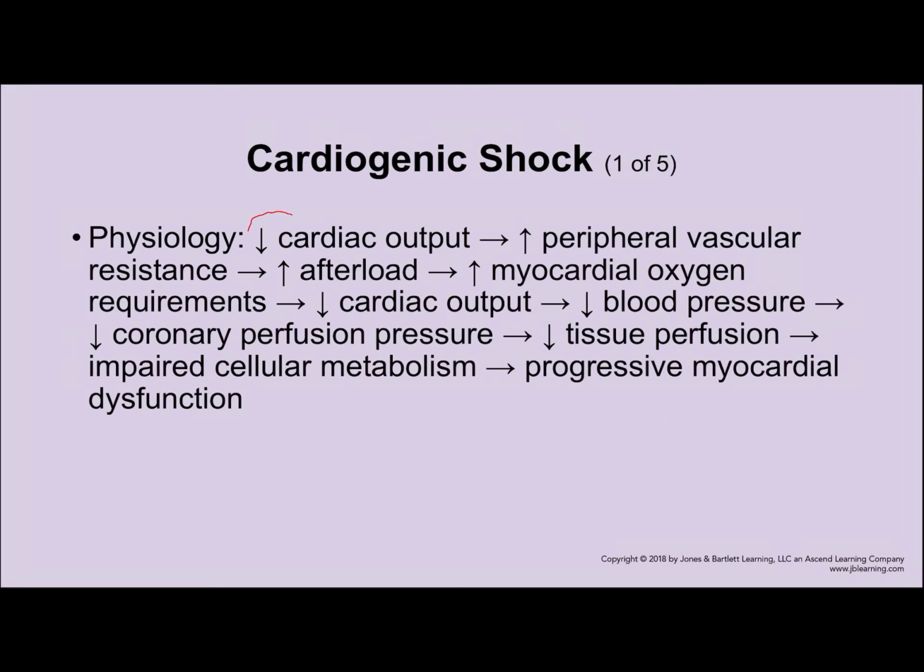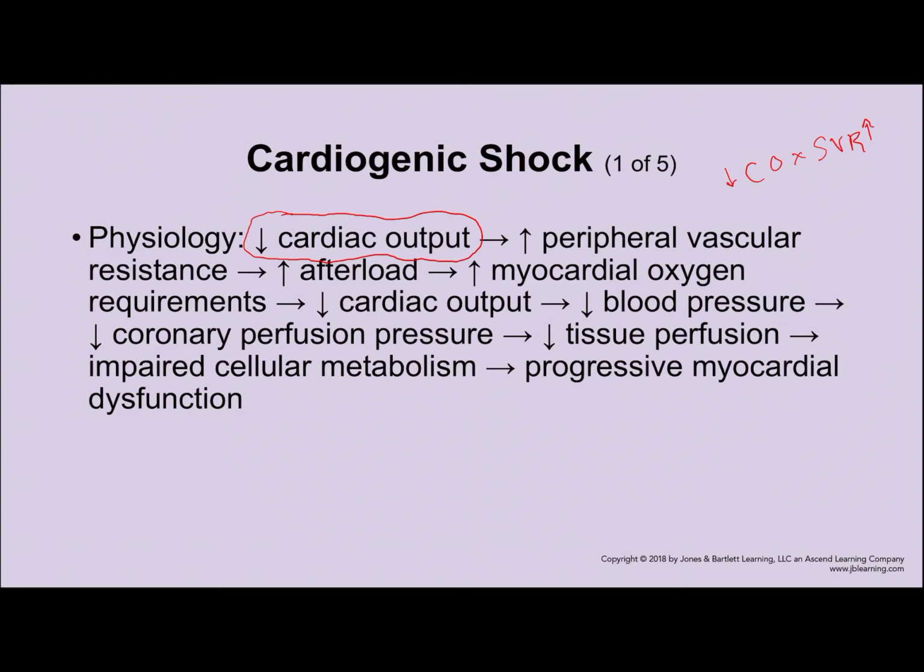So we start here with the physiology of this process. So decreased cardiac output can come from many different reasons we'll discuss in a second. But if you have decreased cardiac output, you will have decreased blood pressure. We know that blood pressure is a product of cardiac output times systemic vascular resistance. So if this goes down, your body will try to increase your systemic or peripheral vascular resistance in order to compensate.